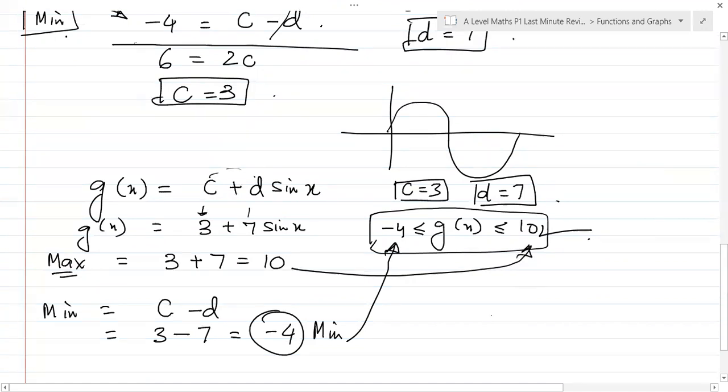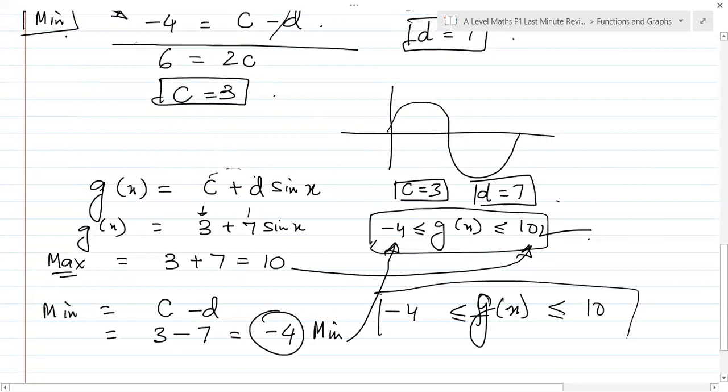That's the maximum over here. That is how we generate our range from the maximum and minimum for any graph. It doesn't really matter if it is a sine graph or cos graph or tan graph. You can do this, and that's how you get to the answer.